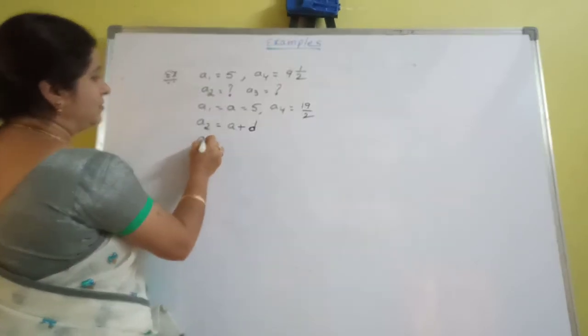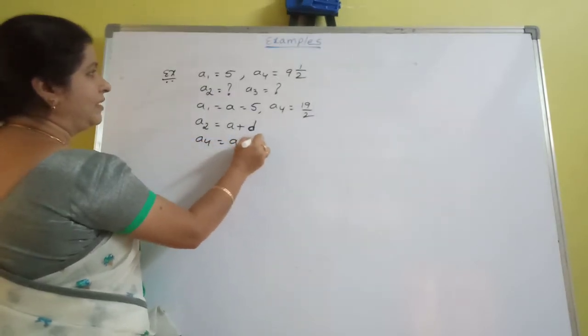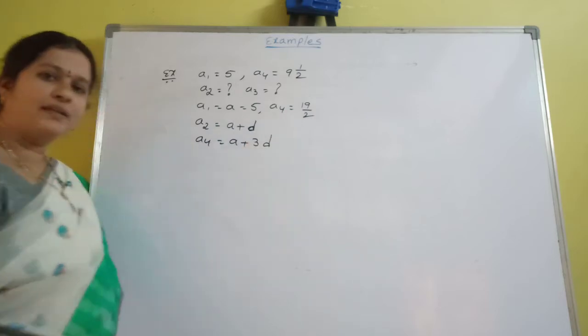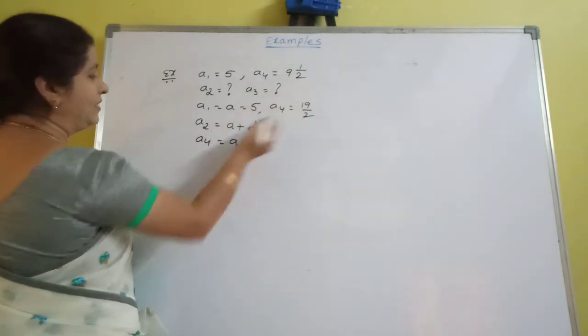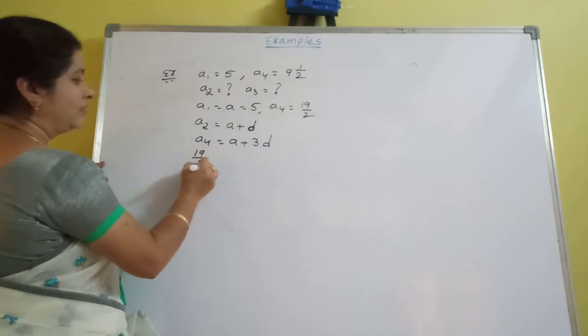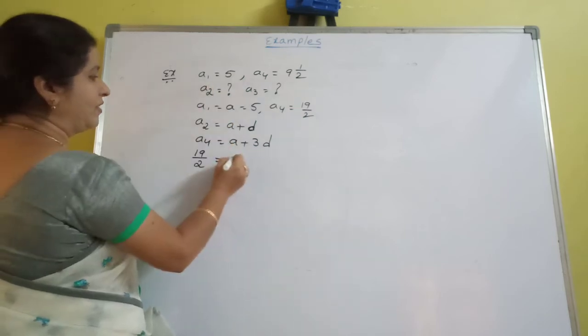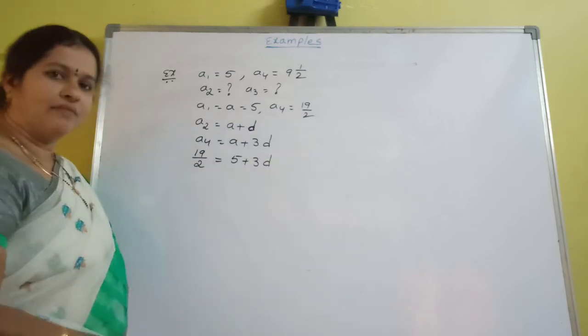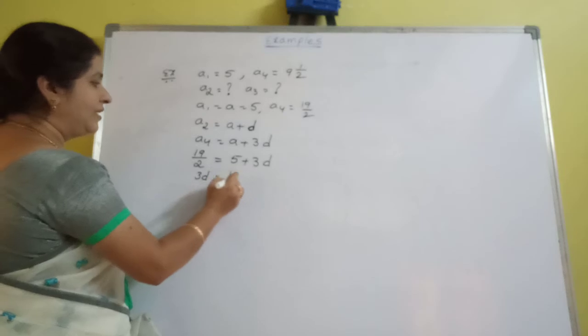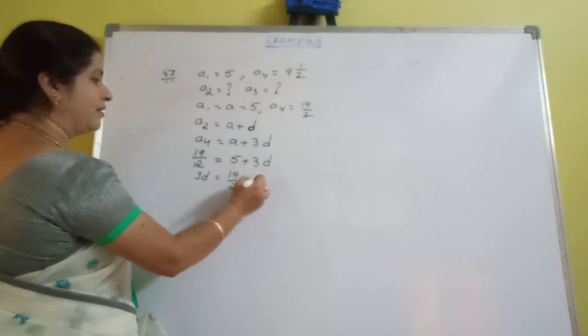A4 means a plus 3d. So A4 value here, 19 by 2 given. A value is 5 given. By using this, you can find the D value. So 3d equal to 19 by 2 minus 5 here.